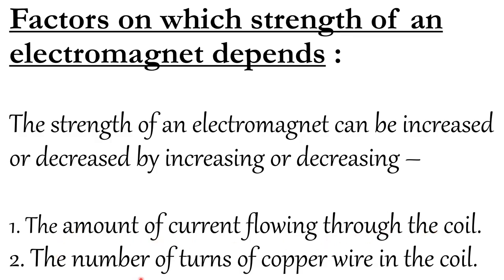Number 2, the number of turns of copper wire in the coil. These two factors play an important role in determining the strength of an electromagnet, be it the current or the number of turns of the wire. Both these factors can increase or decrease the power of the electromagnet.